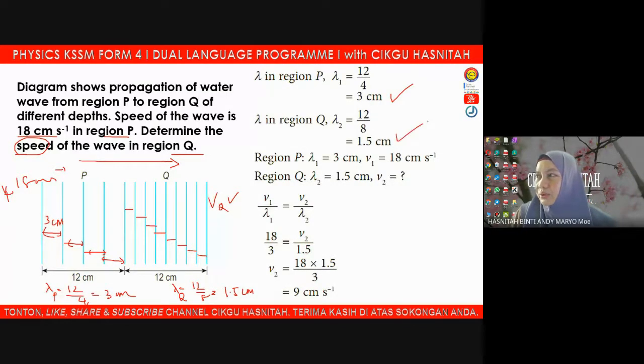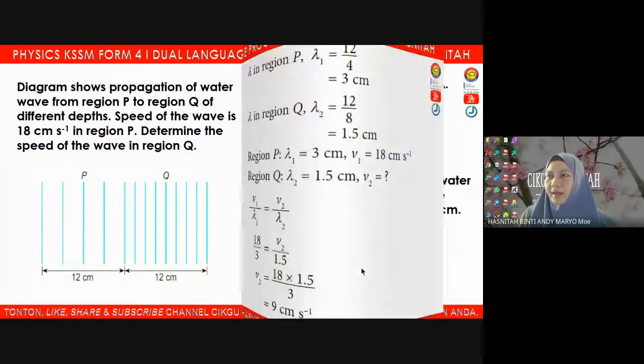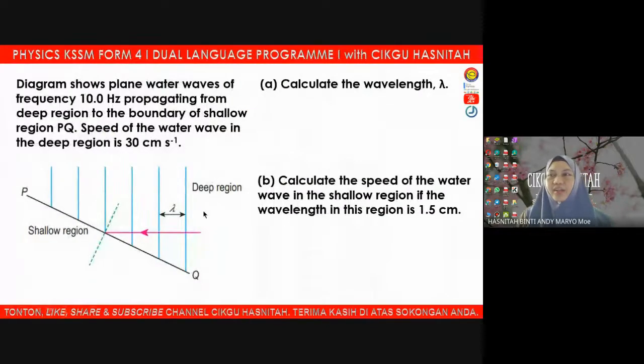This one you need not list out, no problem. Then you show what equation you are using, the substitution, and the final answer with the correct unit. This is what we call proper working. Then let's check the next question.